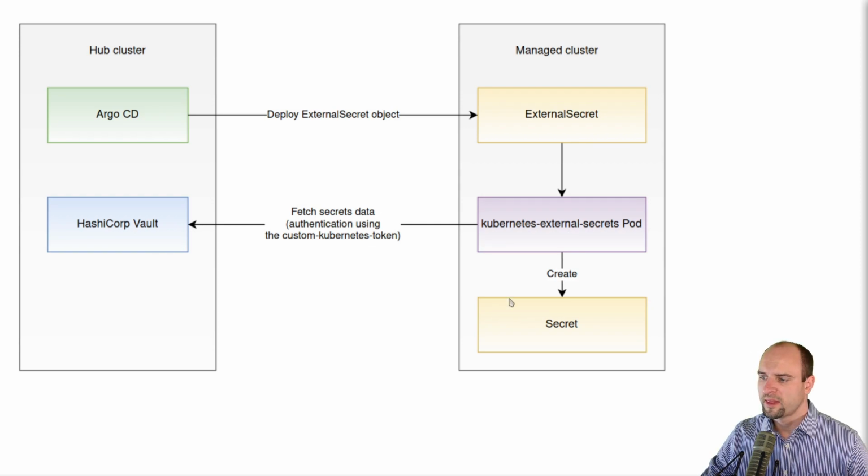In order to successfully authenticate using the Kubernetes authentication method, Kubernetes External Secrets must send a valid Kubernetes service account token to HashiCorp Vault. So the next question now is, where does Kubernetes External Secrets get this Kubernetes service account token?